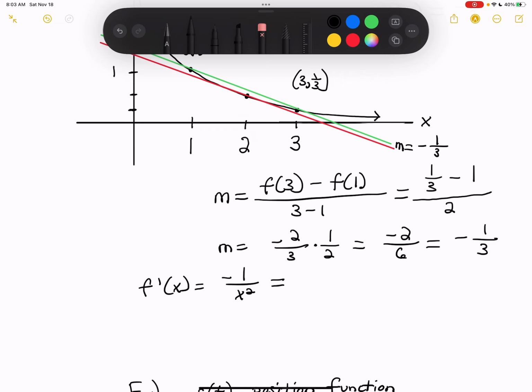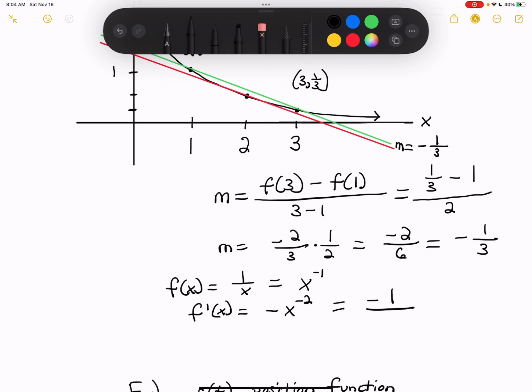And I should probably just show that work really quick if you guys are wondering how I figured that out. So remember, our original function f of x is 1 over x, which I can write using negative exponents as x to the negative first power. So therefore, f prime of x, just using simple power rule, is negative 1 times x to the negative second, which is equal to negative 1 over x squared.